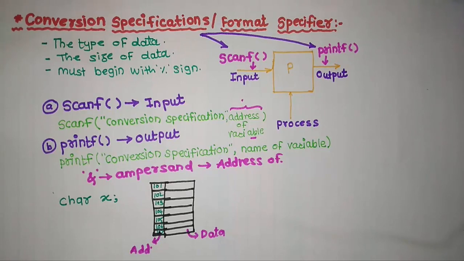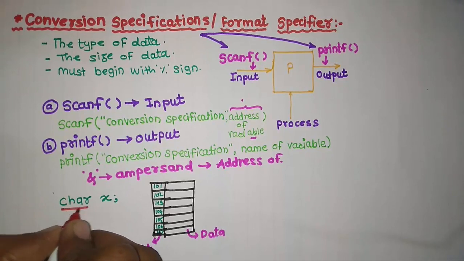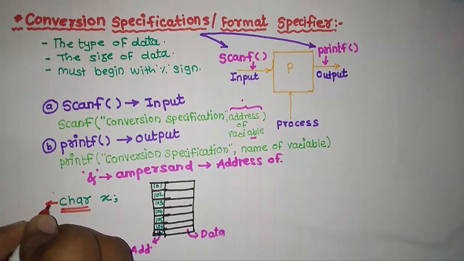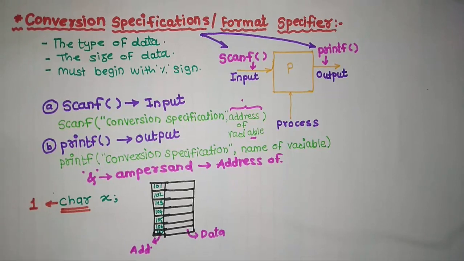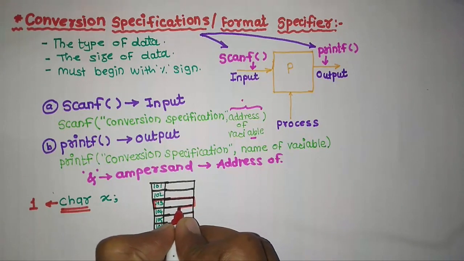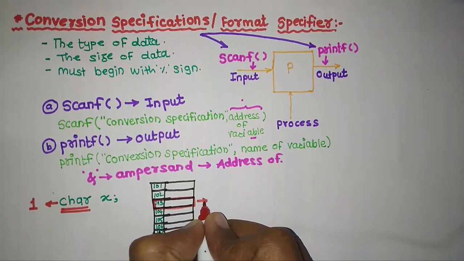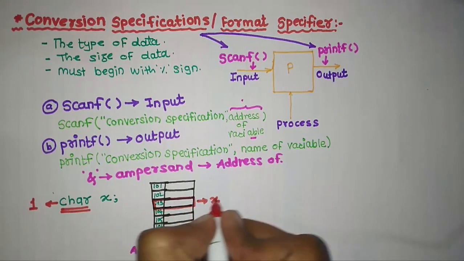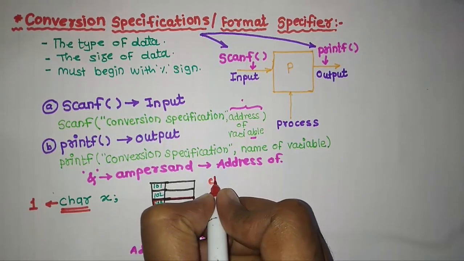Now the moment we declare a variable with the data type char, what will happen? As we know, for the character data type only one byte is required. From the available memory, 1 byte is reserved with the name x, and this is going to store a character value.